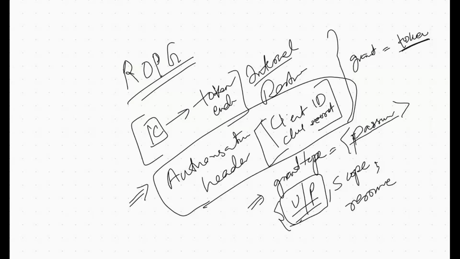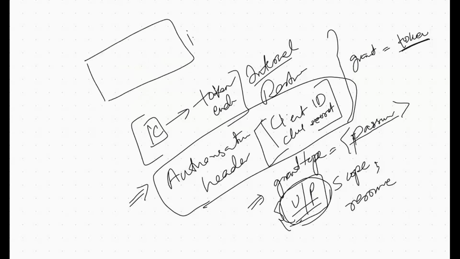But again, make sure that this is done in a very restrictive environment. Username and password of the user is passed, and hence it is not a good idea to do all this transaction over the internet. Hence, if you want to use it, restrict it to an internal environment and only then use the password grant flow. Okay. Any question?